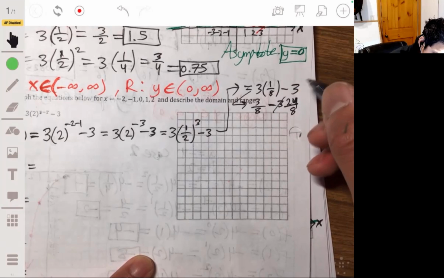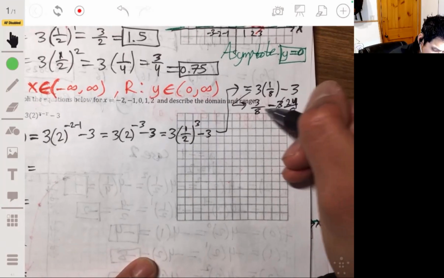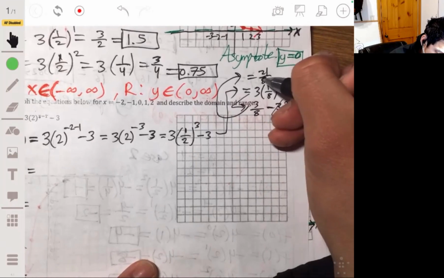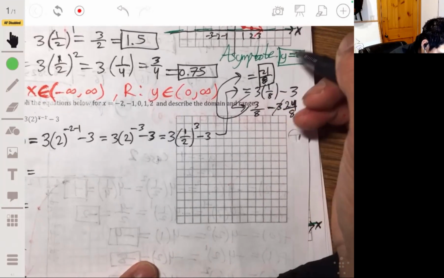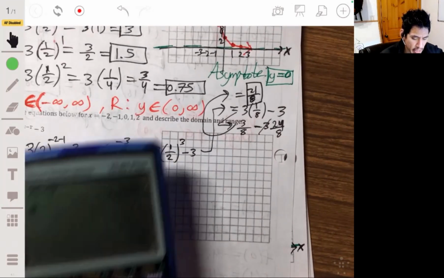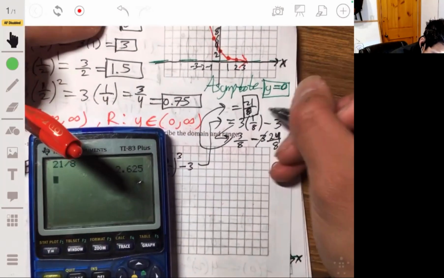So -21 over 8. I'm running out of space here. I usually don't do this, but -21 over 8 is our answer, which is about -2.65. 21 divided by 8. Yeah, -2.65.